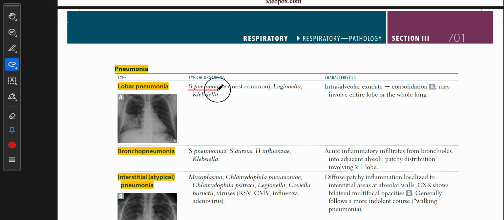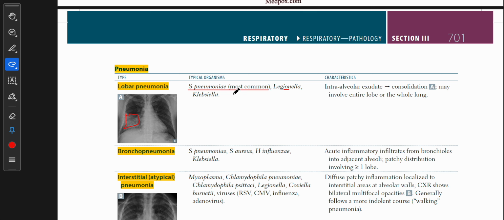Streptococcus pneumoniae is the most common cause of lobar pneumonia, where a specific lobe is affected, as in X-ray, either upper lobe or lower lobe or middle lobe. The benefit of this is that it is limiting, and we can limit the growth of bacteria by rejecting that specific part of the lung, right?